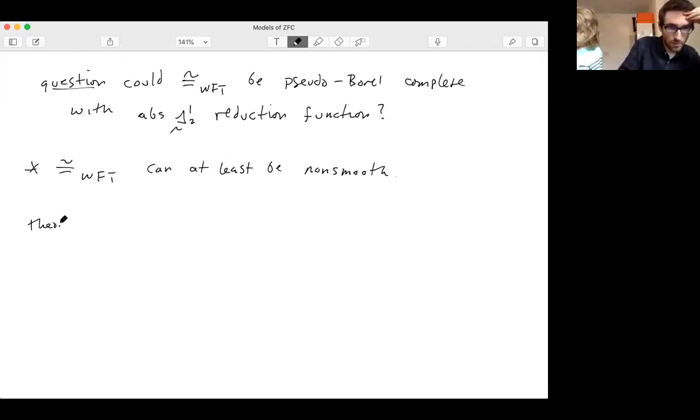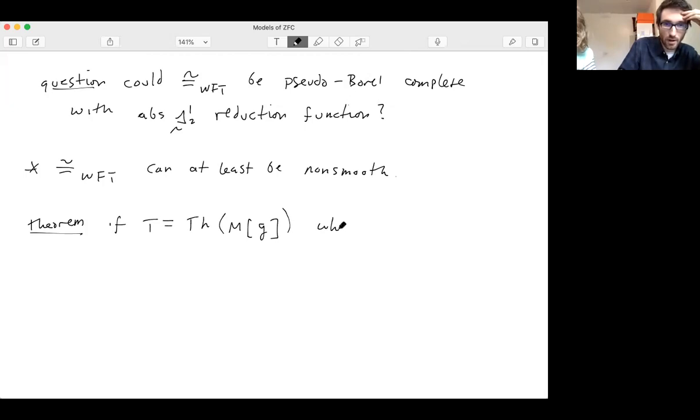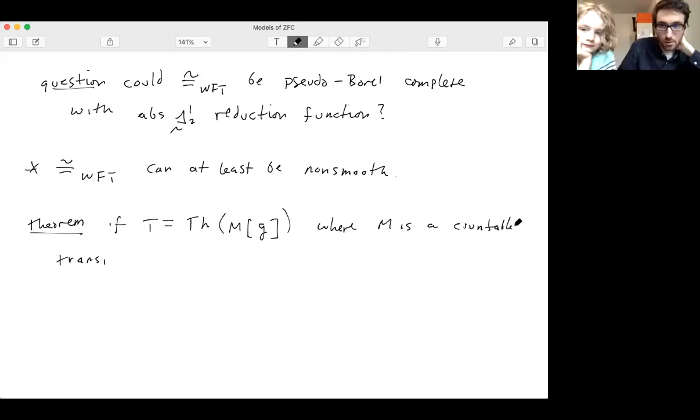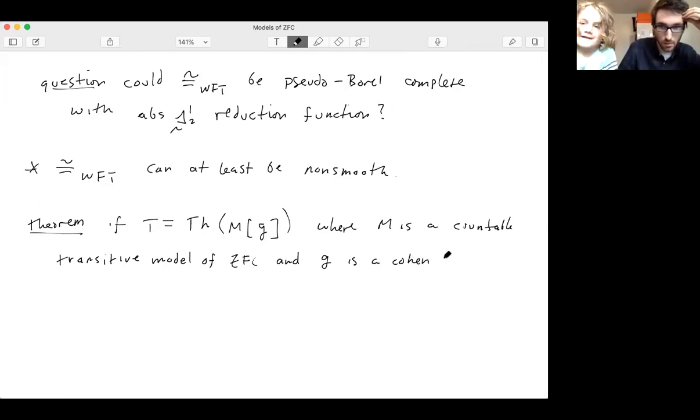So the theorem is, if T is the theory of M of G, where M is a countable transitive model of ZFC, and G is a Cohen real, then isomorphism on WFT is not smooth.